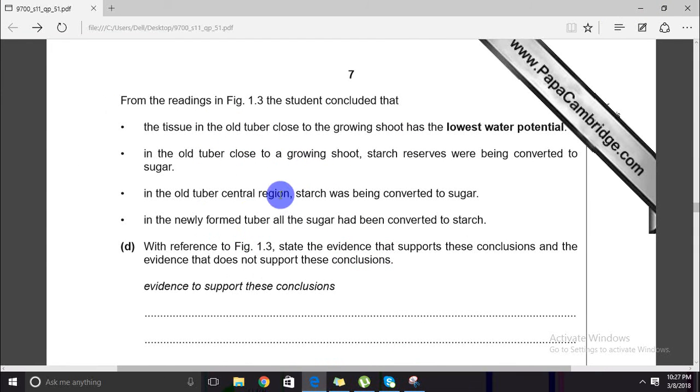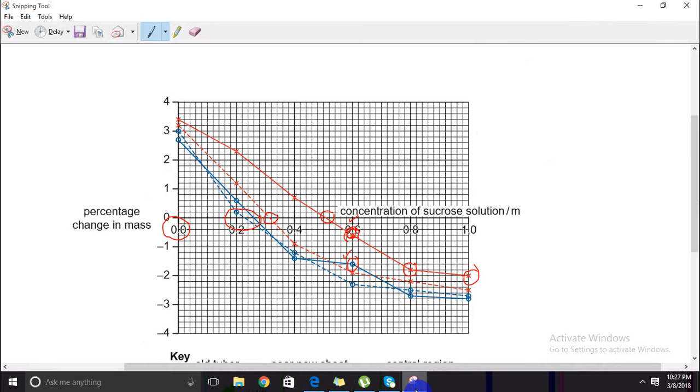But we don't really have anything going here. In the old tuber, starch reserves were being converted to sugar. And this would make sense, but there seems to be an overlap over here, which doesn't make a lot of sense.